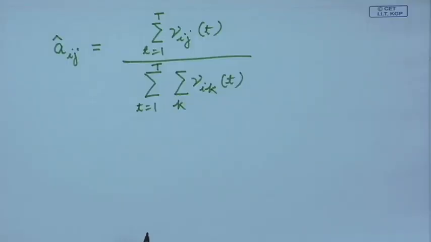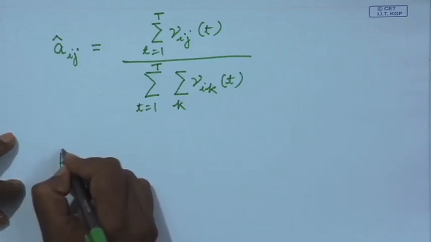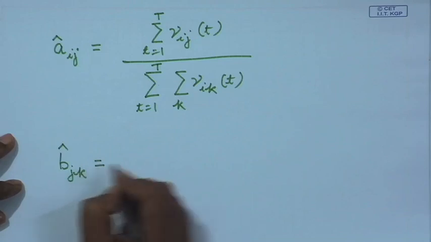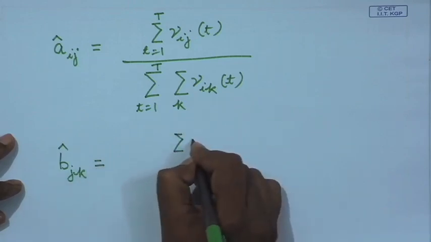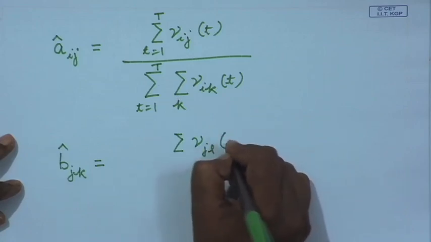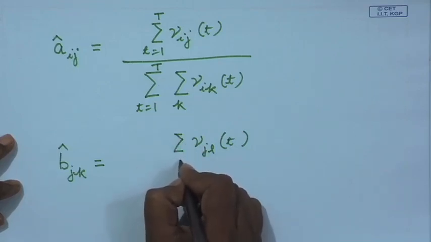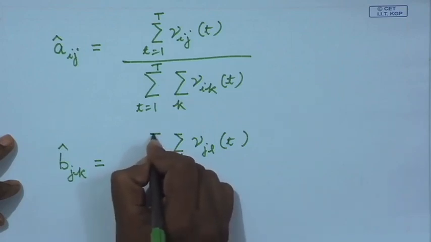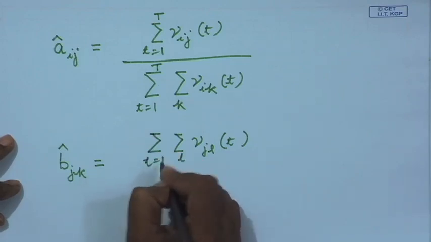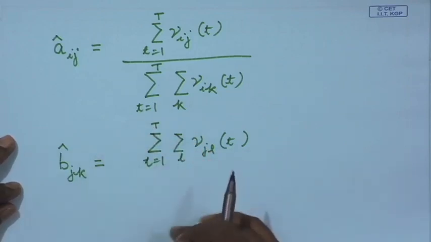In the same manner, I can have a refined value of the probability b j k. So, I will have b j k hat, which will be given by the sum of gamma j l t, taking the summation over l, and this whole thing summed over t equal to 1 to capital T, and I have to consider only those cases where the emitted visible symbol is V k.